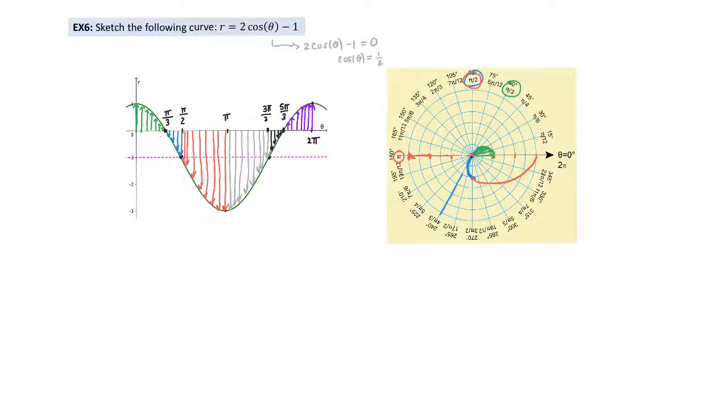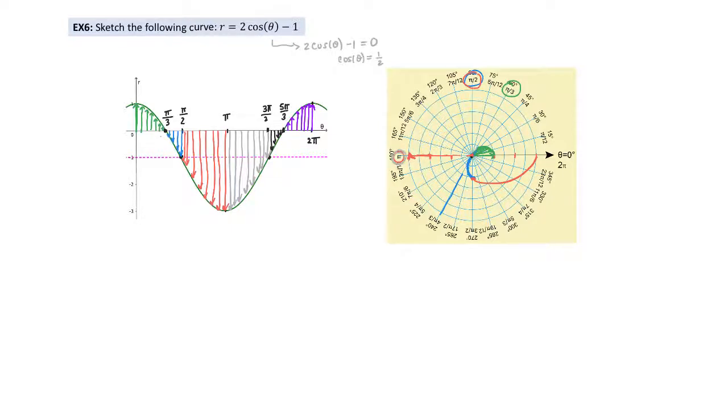Now we're going to go on to the gray part. The gray part is still negative, now from pi to 3 pi over 2. And those rays are starting at negative 3. They're getting smaller and smaller, and then they're going to go up to negative 1. So in the same way, I am going to start sketching them as if they were positive, from pi to 3 pi over 2.